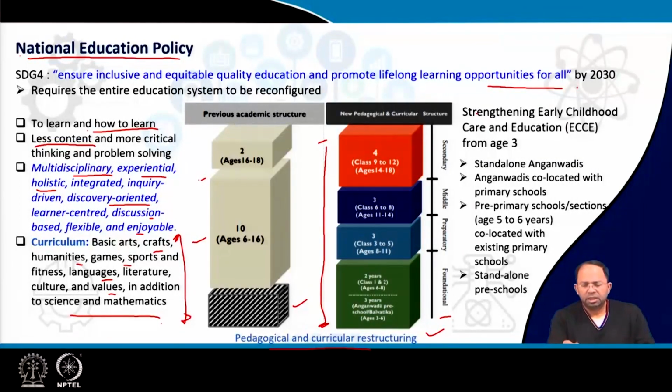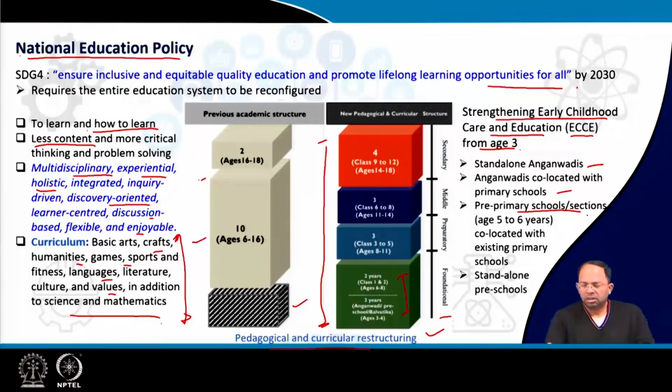As we have discussed, this new pedagogical structure looks into strengthening early childhood care and education. This is known as ECCE, from age 3. So there could be standalone Anganwadis, and Anganwadis co-located with primary schools, because we are now combining Anganwadi with primary schools.